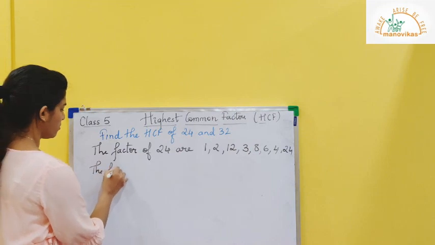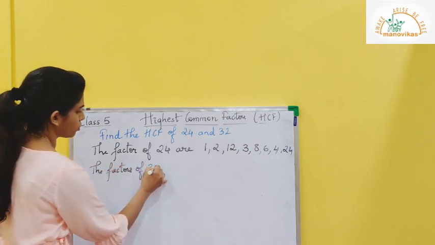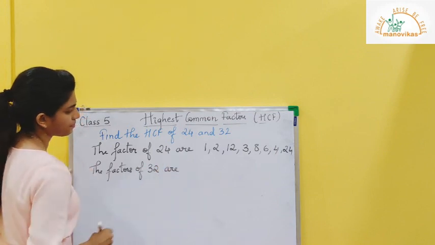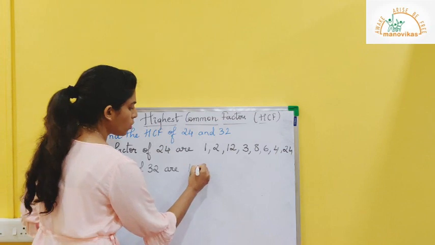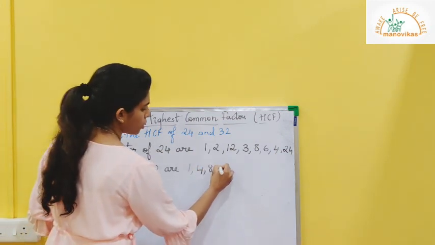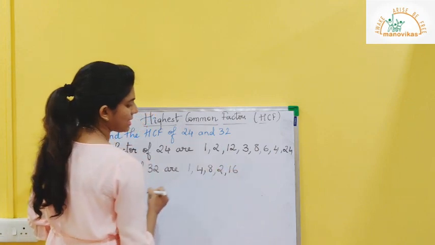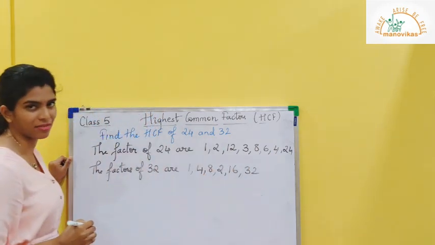Factors of 32 are 1 32s are 32, 4 8s are 32, 2 16s are 32 and 32 itself.